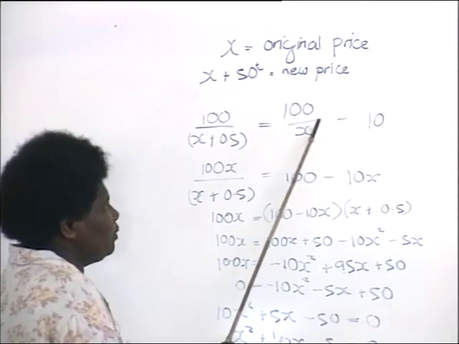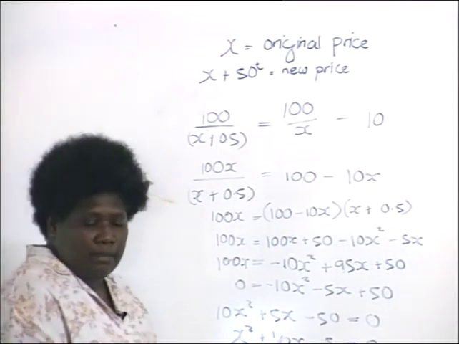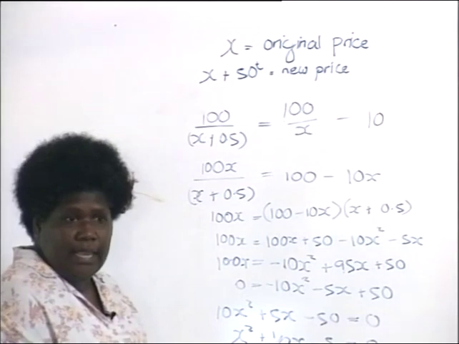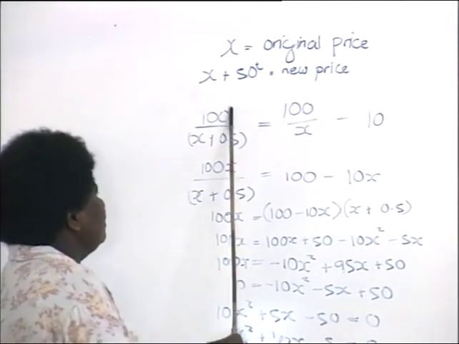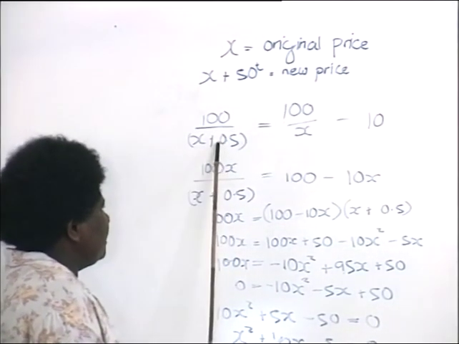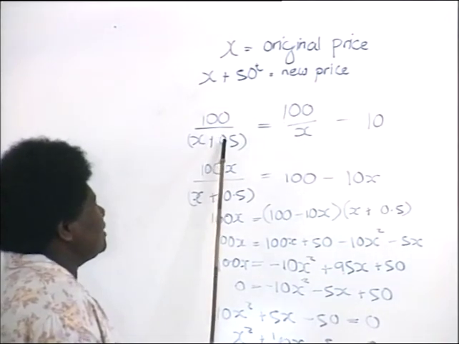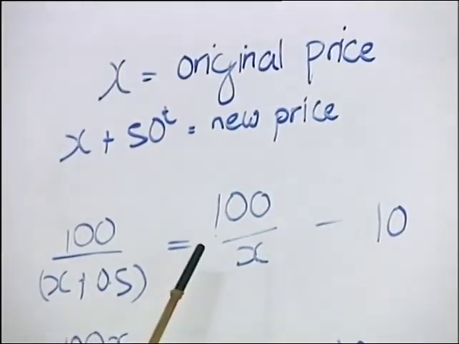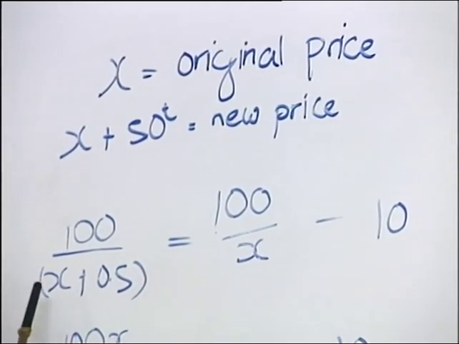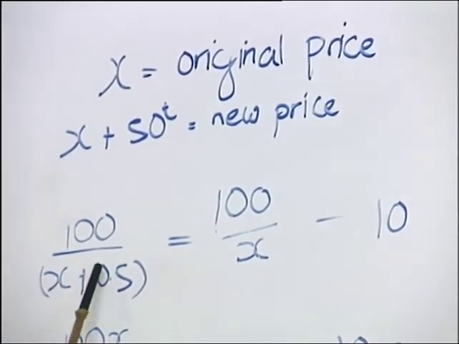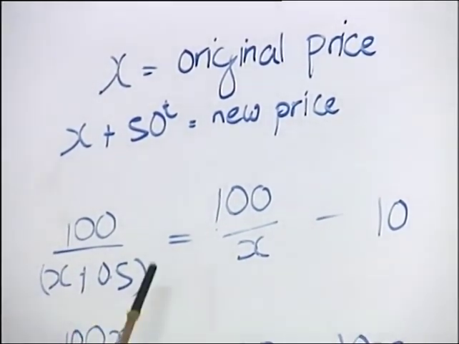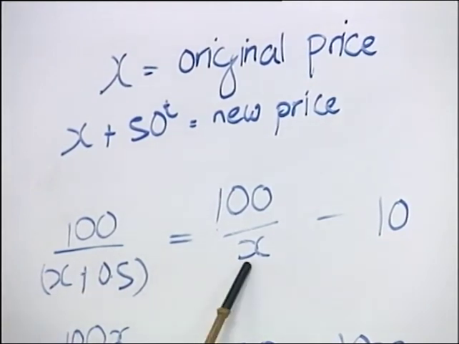So this is the original one. It's been decreased by 10. If you get an answer which is going to be less here and an answer which is going to be more here, because x plus 50, you can just tell by this that this number here is more than this one.